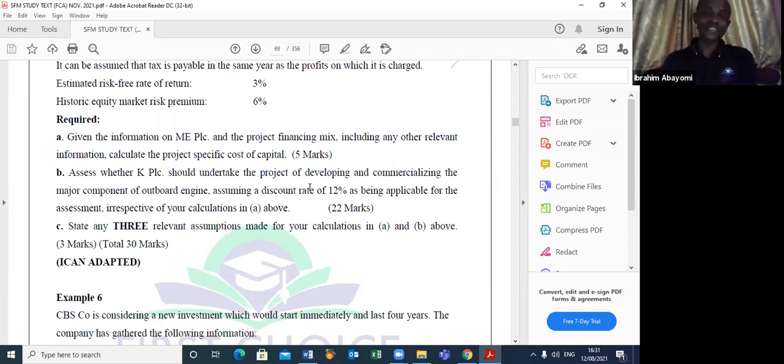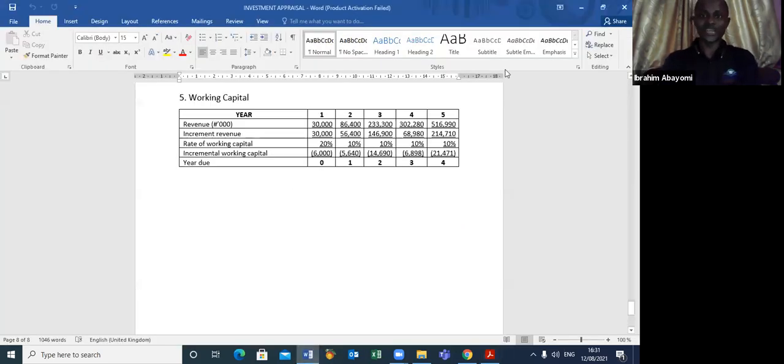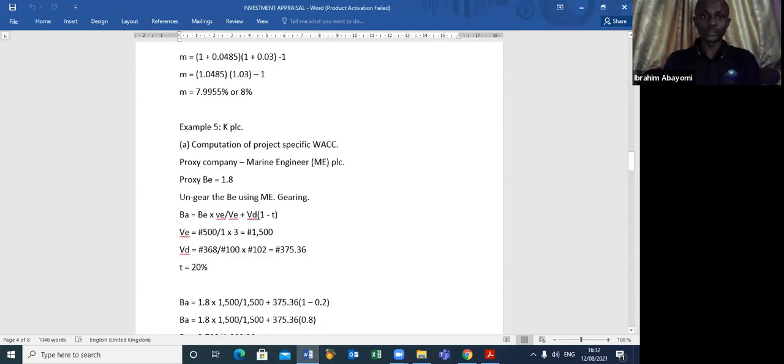The judgment you have applied in solving that question are the assumptions you have made. So right in your solution, you can pick all those assumptions. For instance, if I want to pick my assumption here, let's go back to what we have done, and you see how you pick assumptions from your solution.